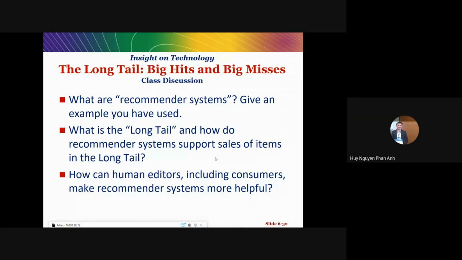Okay, so those are the questions. What are recommendation systems? Give some examples. The long tail: how do recommendation systems use the long tail? Can human editors include consumer recommendations? Recommendation is everywhere, in YouTube, in Tiki, right?